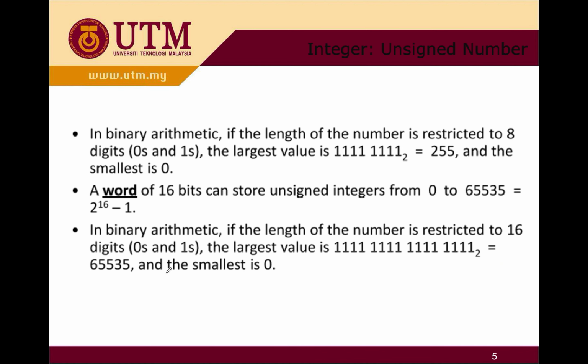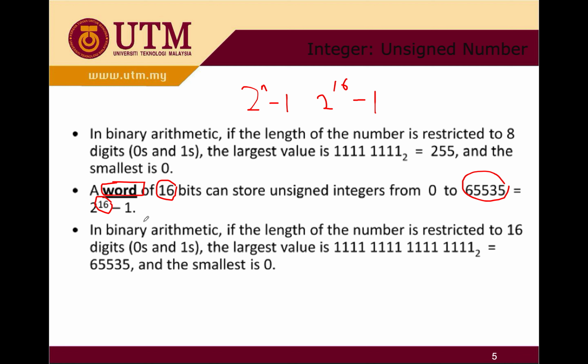So next is word. You know that a word contains 16 bits. You're going to use this equation, 2 to the power of n minus 1, or 2 to the power of 16 minus 1, and then you get this value.